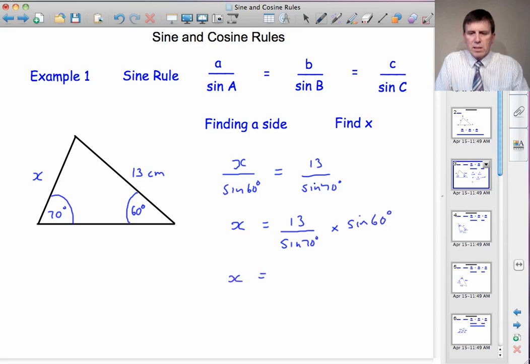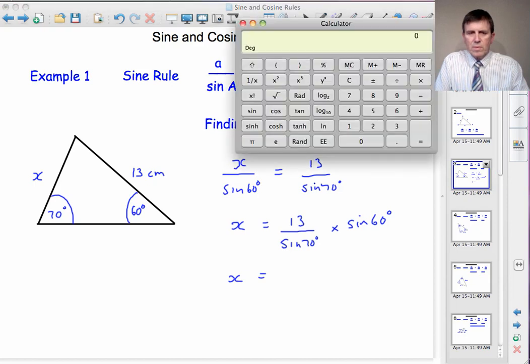And now I need my calculator. Let's make sure it's in degree mode. It is. And I've got 13 divided by the sine of 70, and in this calculator you type 70 then hit the sine button, multiplied by sine 60. So that's 60, the sine of that equals 11.98.